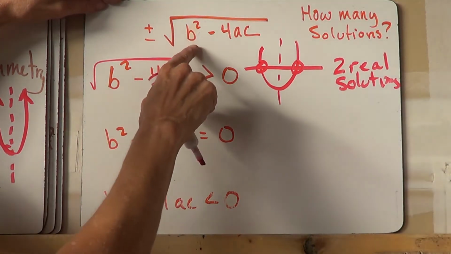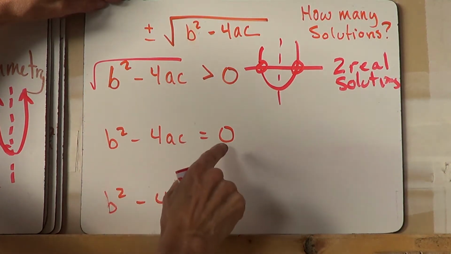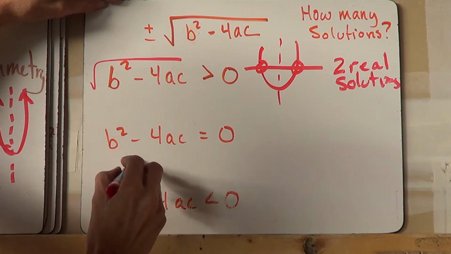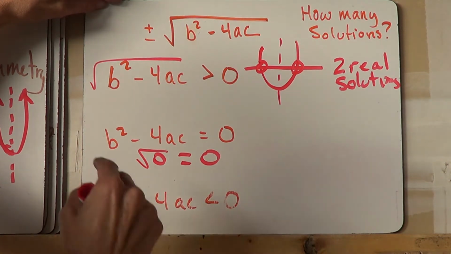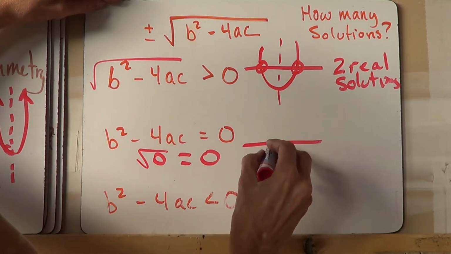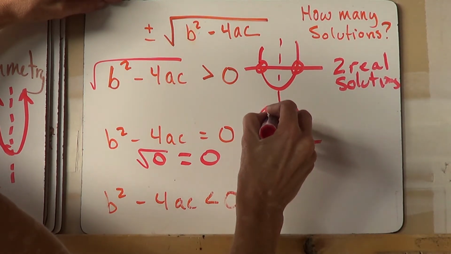Now, if this value, b squared minus 4ac, is equal to 0, the square root of 0 equals 0. There's no two options. So what that's showing you is that there's only one solution. It's only crossing in one spot.